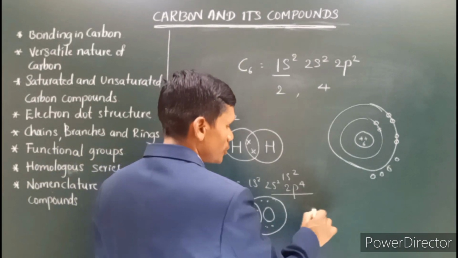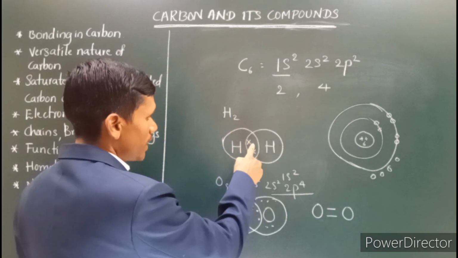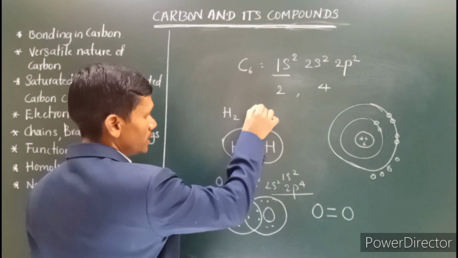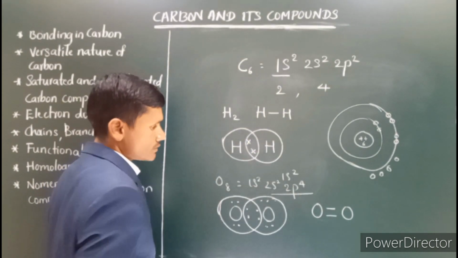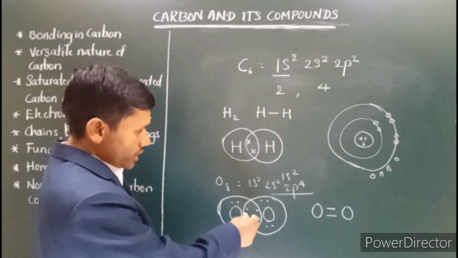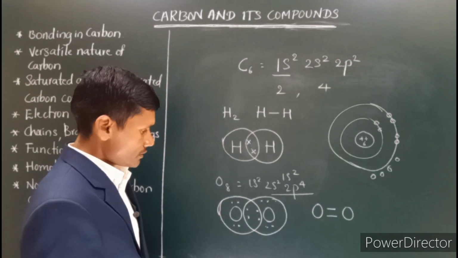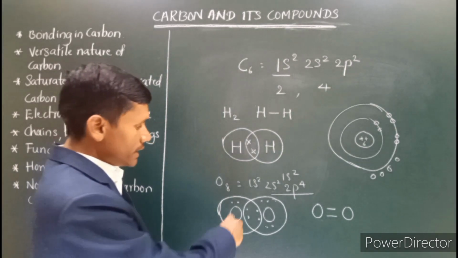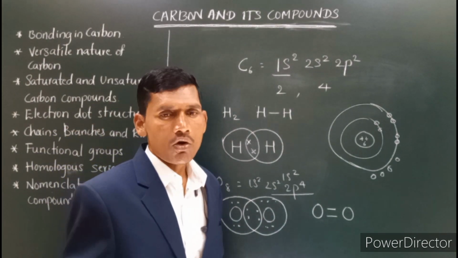So the bond formed will be a double bond between oxygen. In case of hydrogen, only one electron is shared, a single bond is formed, H, right? Between the oxygen atoms, a double bond, because here each atom is sharing one pair of electrons. Okay, so this is how the covalent bond formation takes place in case of oxygen.